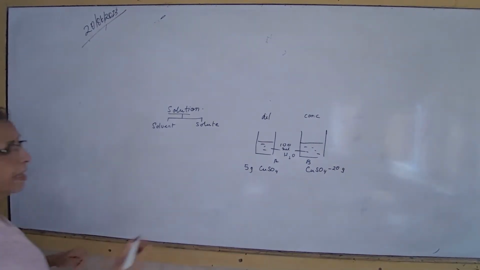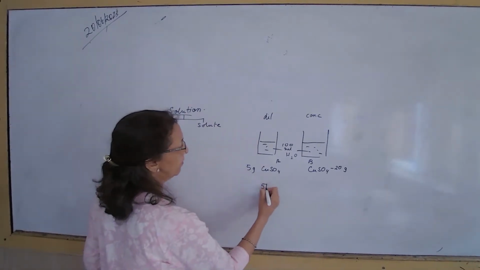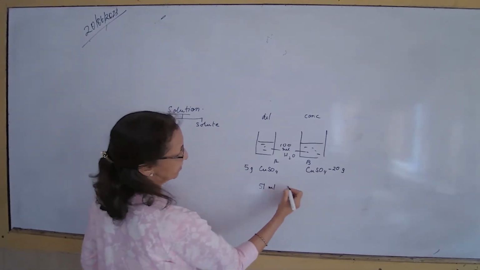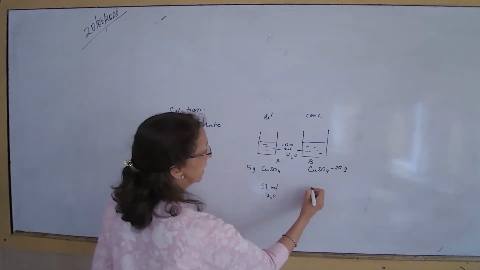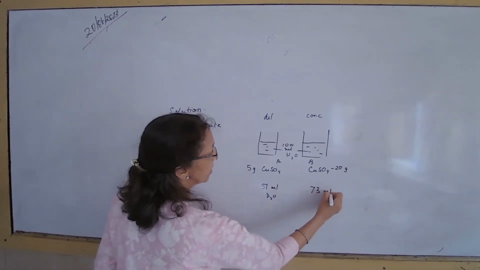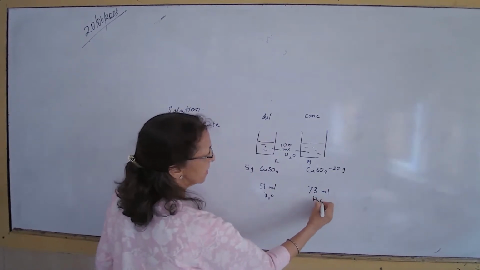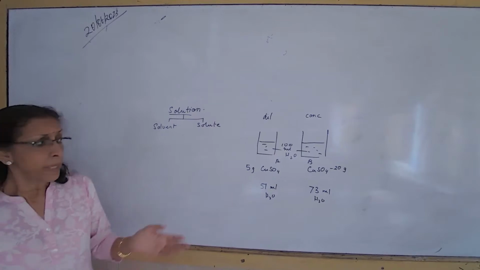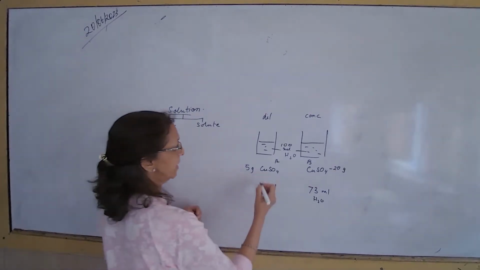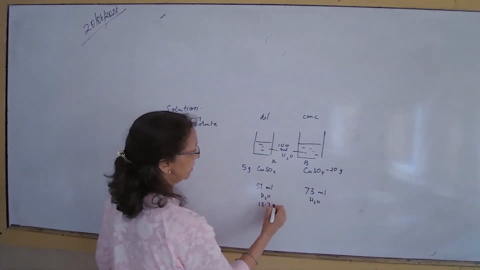For example, let me say here I have taken 51 ml of water. I'm just giving you some number. Here I have taken 73 ml of water, some odd number like that, instead of taking 100 ml in both cases. And instead of taking 5 grams, I'm putting something like 12.7 grams.